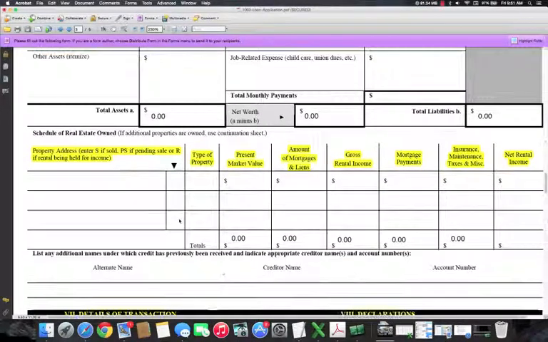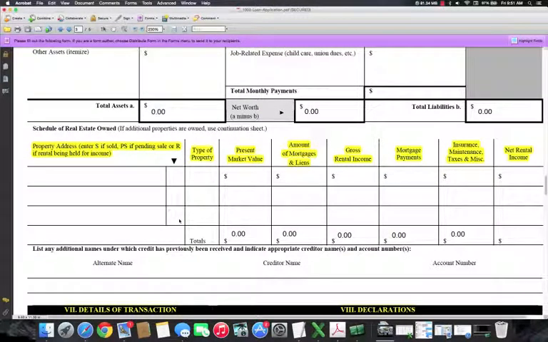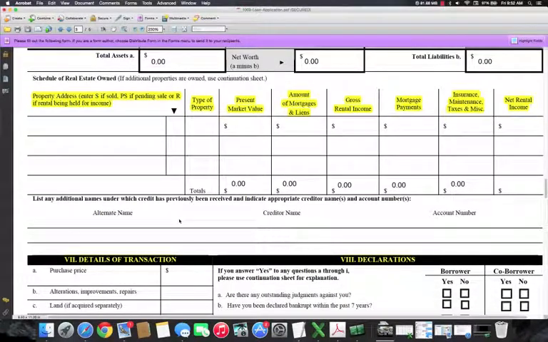Very important here. If you own properties, if you own rental properties, very important that this is filled in and that it's accurate. The address, and then it has here enter if sold, pending sale, or rental being held for income, type of property, present market value, amount of mortgages and liens, gross rental income, mortgage payments, insurance, maintenance, taxes, and miscellaneous, net rental income.